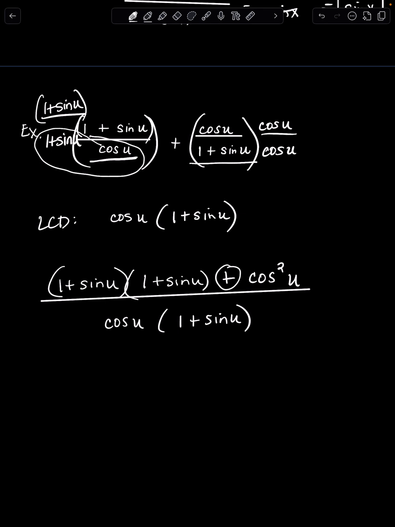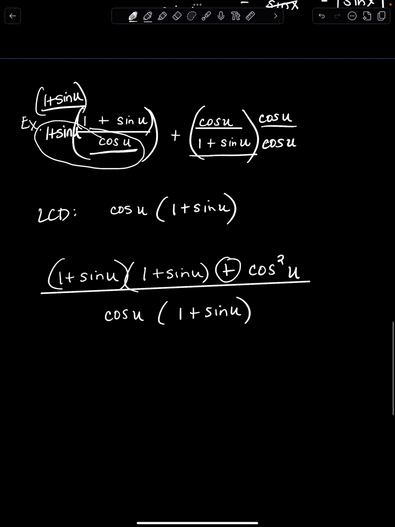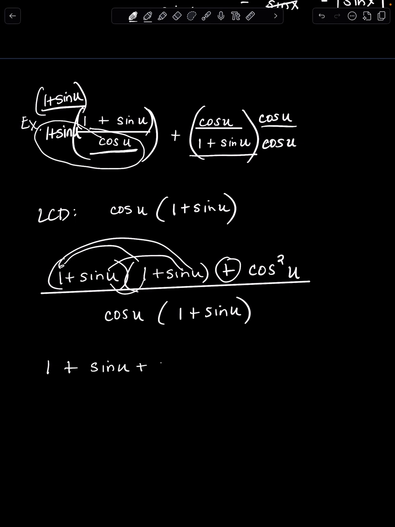All right, so let's multiply this out and see what happens. So I'm going to FOIL this out. I'm going to distribute. I'm going to do my first, outside, inside, last through the FOIL here. So we've got 1 plus sine of u plus the sine of u plus sine squared of u.